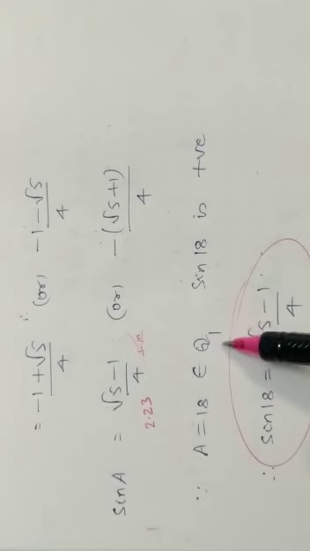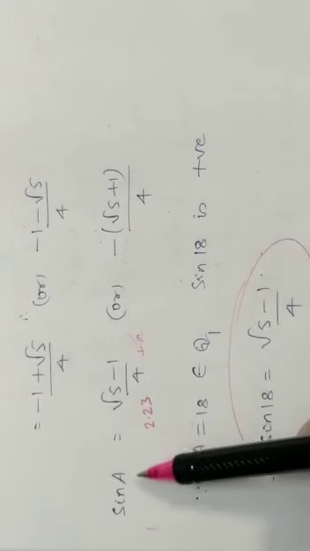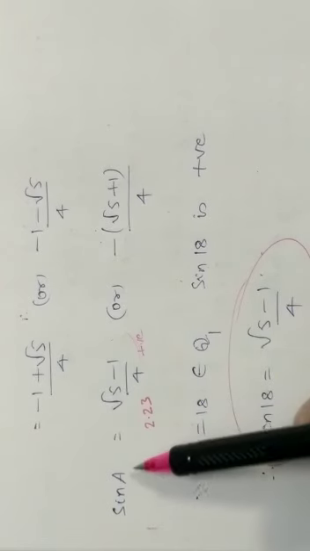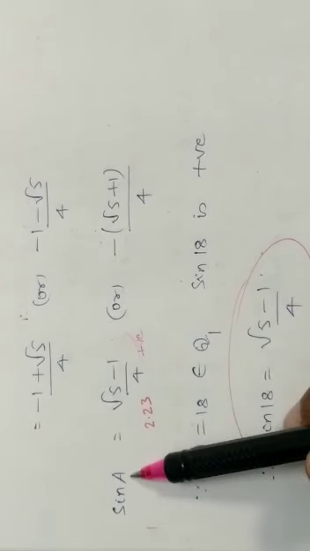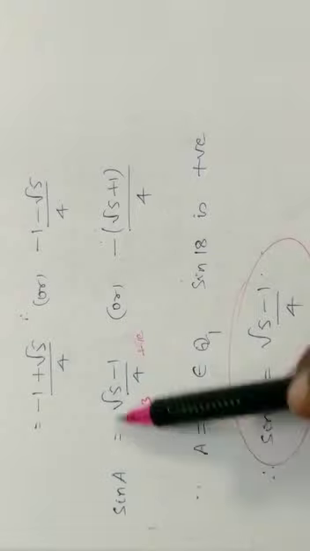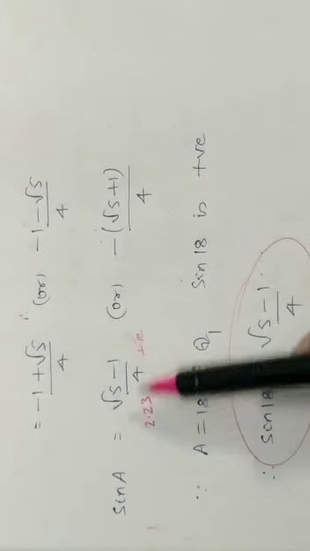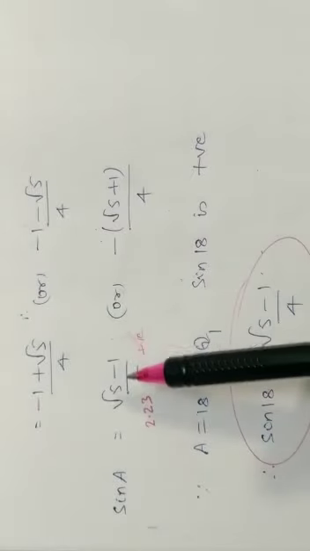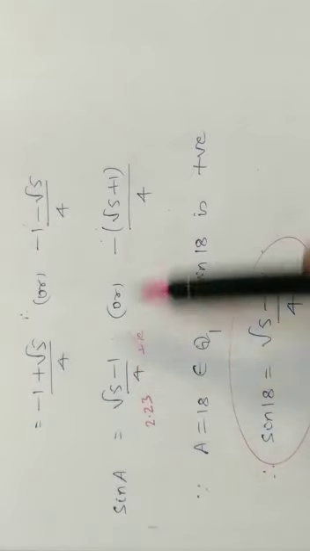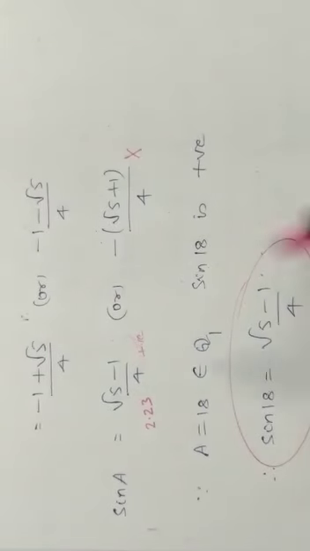In the first quadrant, all the ratios are positive. So, what is A? A is 18 degrees. 18 degrees comes in the first quadrant. In the first quadrant, all are positive. So, sin 18 is positive. Of the both, which is positive, this is positive. So, this value is correct. This value is wrong.